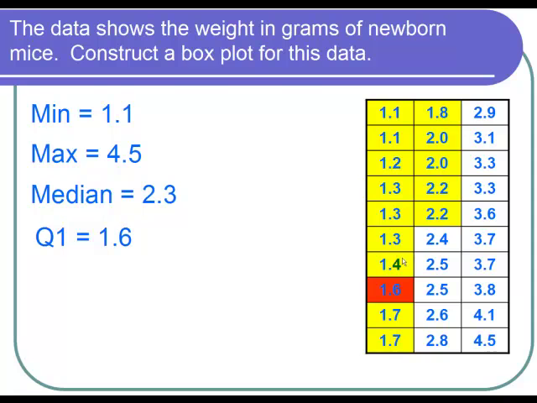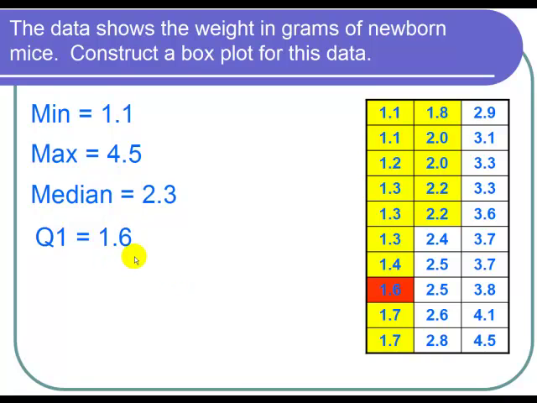So the 8th value will be the median of the lower half. Always take the number of numbers, 15, divide by 2, and if we started with an odd number, round up. So we get 8. And the 8th number, which is the first quartile, is 1.6.